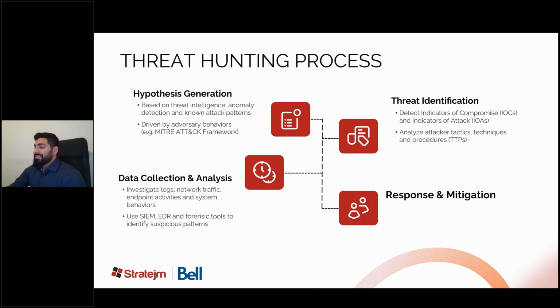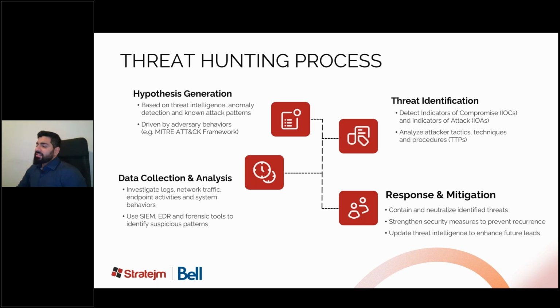Now, once a threat is identified, we need to move into our incident response process. Now we need to immediately respond and mitigate. This involves isolating the impacted system, making sure that we block the malicious activity, implementing the appropriate security controls to prevent future occurrence of that incident.